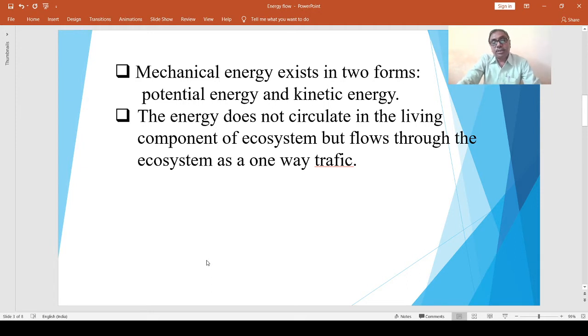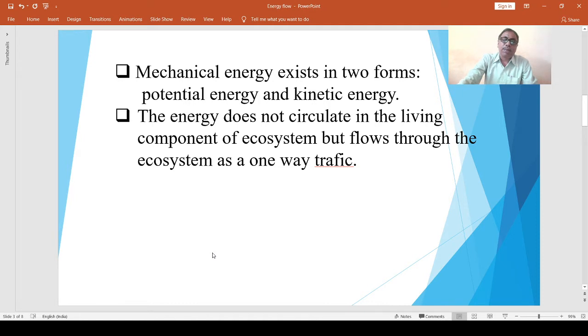Solar radiation is the basic input of energy which enters the ecosystem. The energy flow in the ecosystem is unidirectional. It means it is not available again for reuse. The solar energy is trapped by green plants and is used to prepare food through the process of photosynthesis.